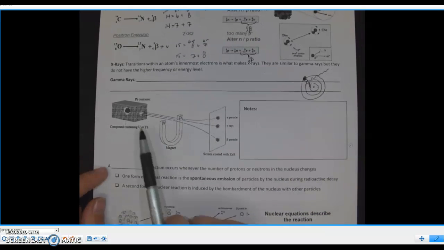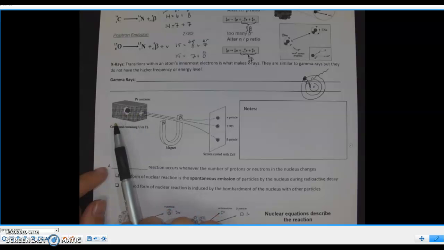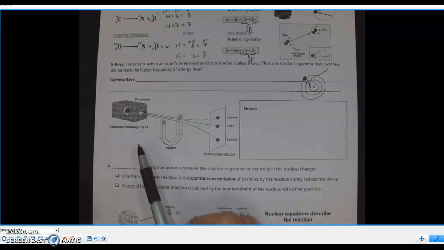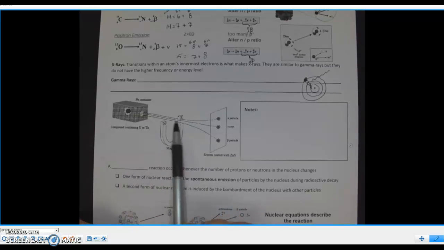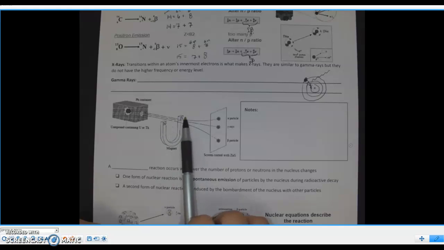Something interesting to note is that we can determine if the type of radiation or decay that's occurring is an alpha or a beta or a gamma, because we can pass those particles through a magnet.